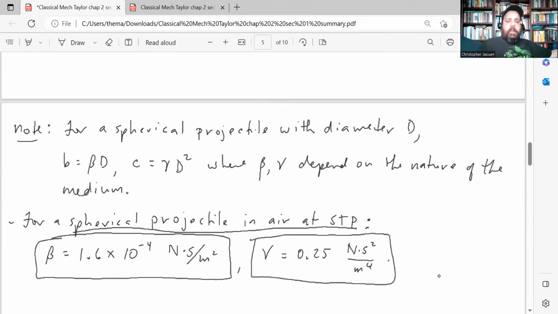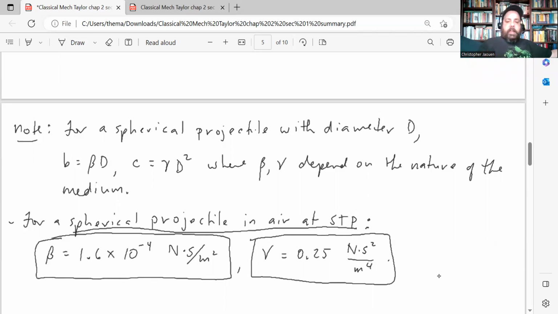So he derives some important special cases here for a spherical projectile with diameter d. b has the form beta times d. So in other words, some constant times the diameter of the sphere. And c has the form gamma times d squared, where gamma is some constant and d squared is the square of the diameter of the sphere.